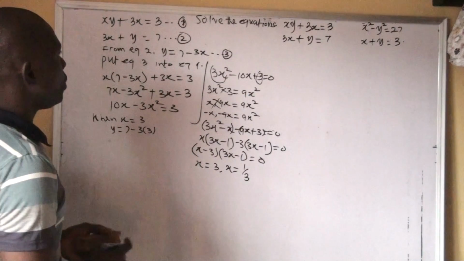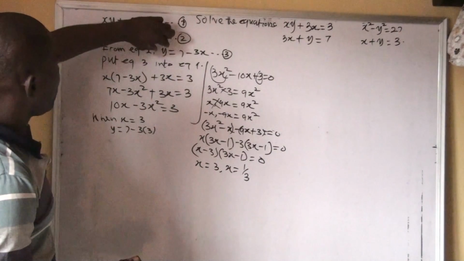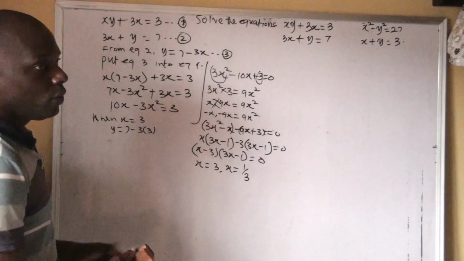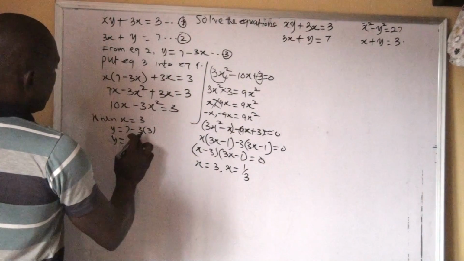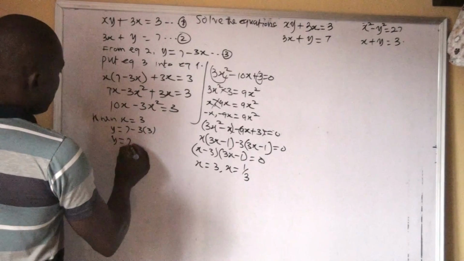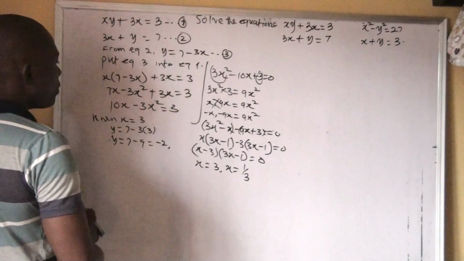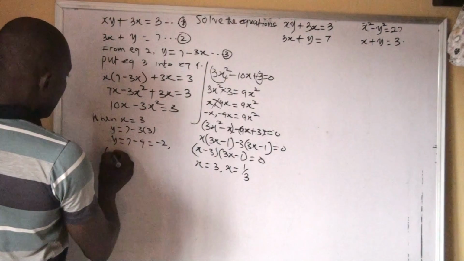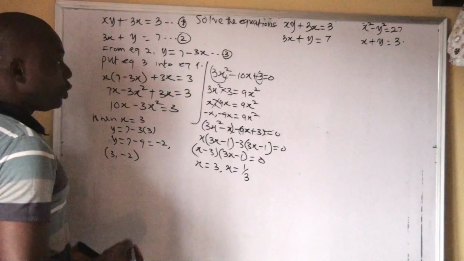What we usually do here is put the value of x obtained here in equation 3, to ease our work, and we obtain the value of y. 3 times 3 is 9, so we have 7 minus 9, and we have minus 2. So it simply means that when x is 3, y is minus 2.